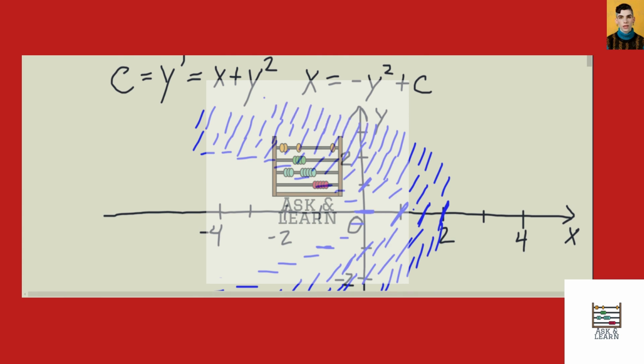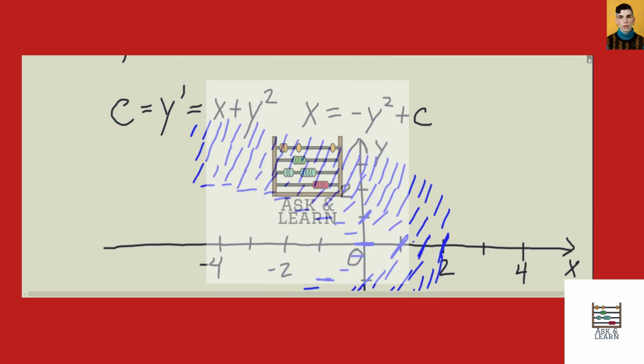The slope is still always positive, although it becomes nearly vertical the further we move towards infinity.